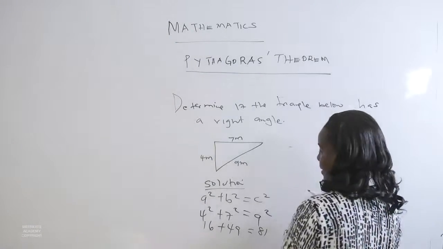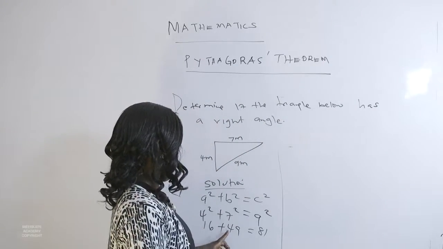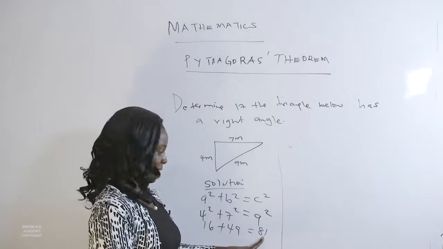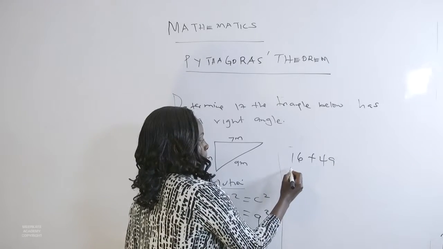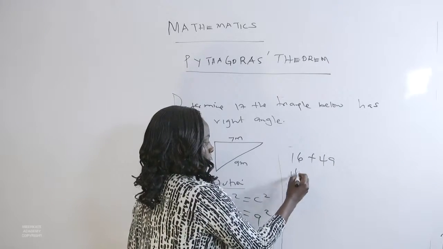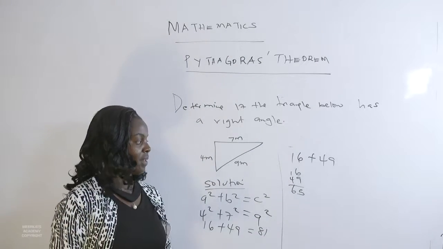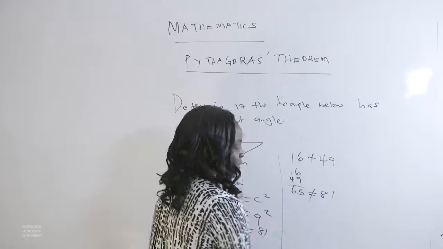Let's add these two and see if it will give us 81. That will be 65. 65 is not equal to 81.